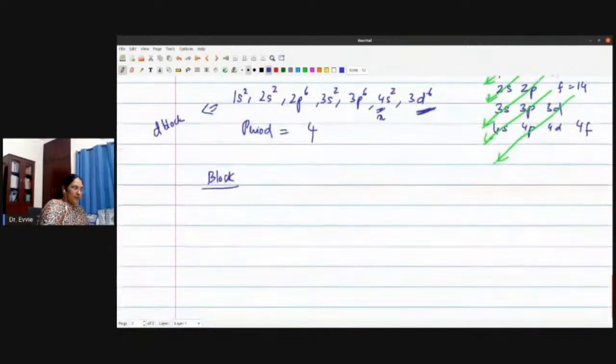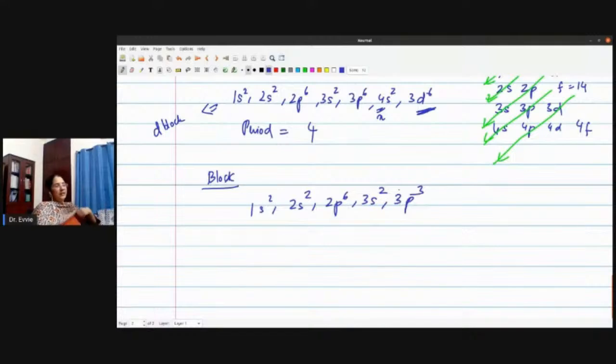Now suppose I give you another example: 1s2, 2s2, 2p6, 3s2, 3p3. What is the atomic number? 10, 11, 12, 13, 14, 15. If I see this electronic configuration, which is the highest value? The highest value is 3 here. So it belongs to period 3.